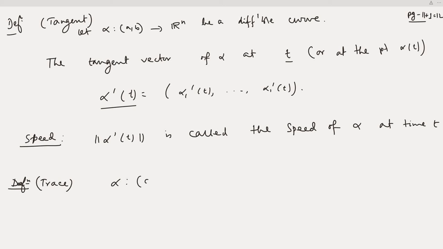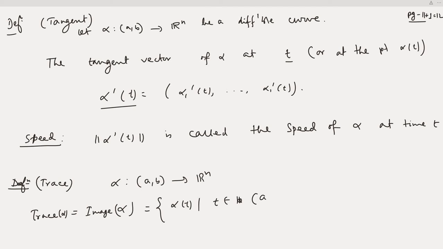So alpha from (a, b) to Rn, then the image of alpha, or trace of alpha, is equal to the set of all points alpha of t such that t belongs to the open interval (a, b), and of course this is a subset of Rn. So this is the definition of trace. This is basically the image of the function.